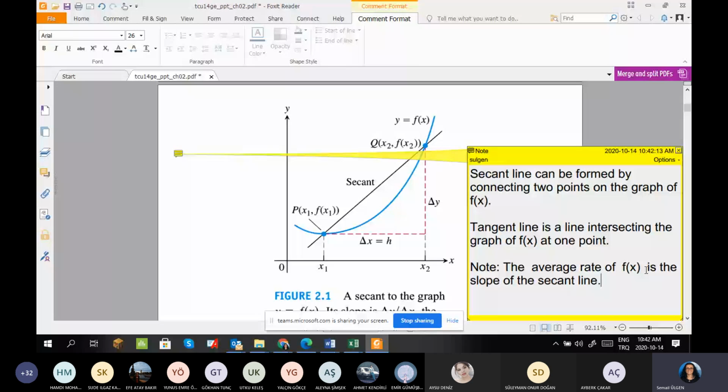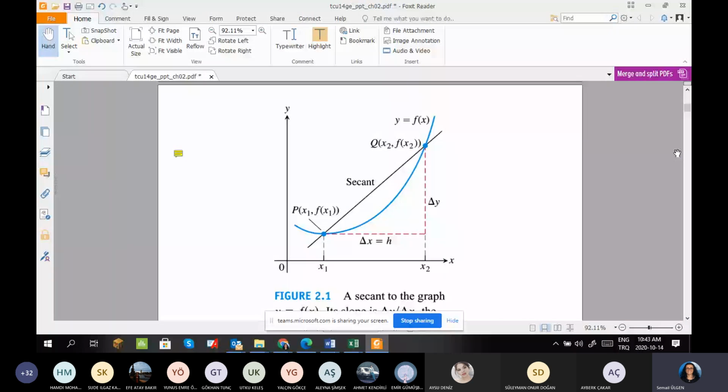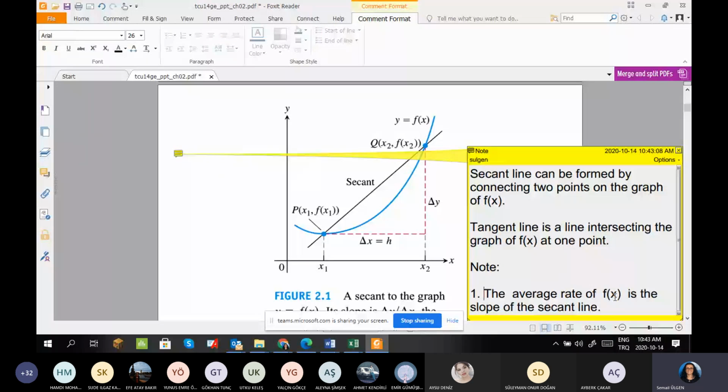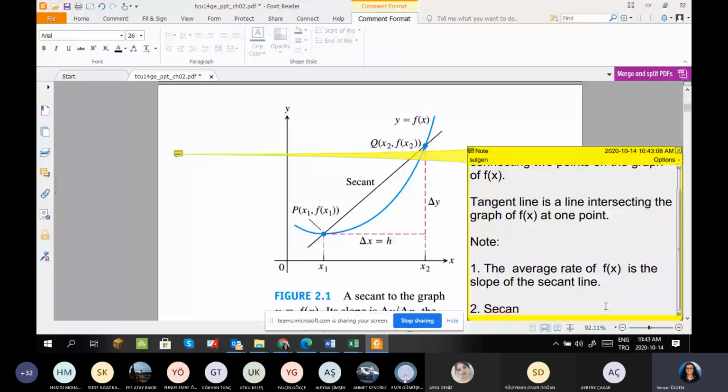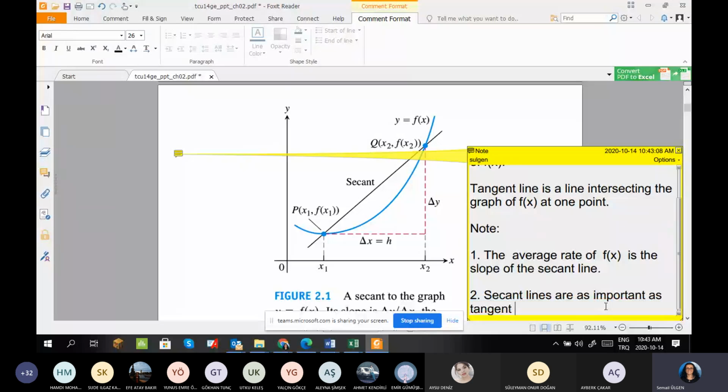So actually, the secant line is as important as the tangent line, so we should write it down. This is note 1, because sometimes students don't care about the secant line, only the tangent line. Secant lines are as important as tangent lines, so we should pay attention to them as well.